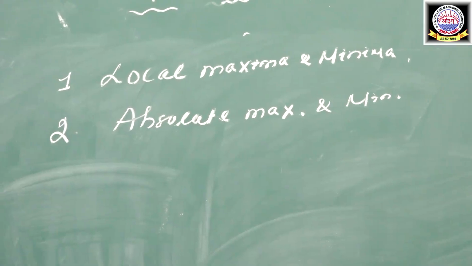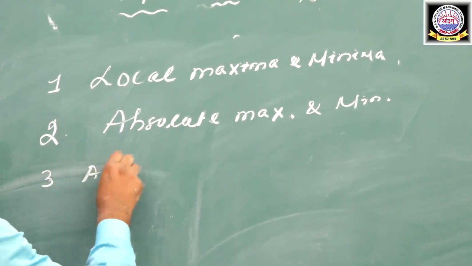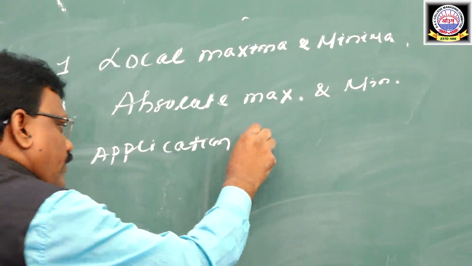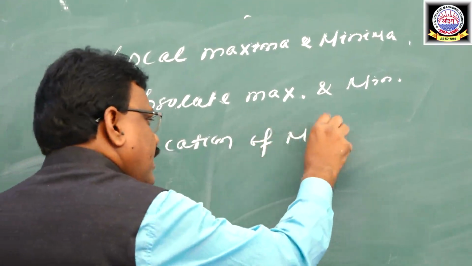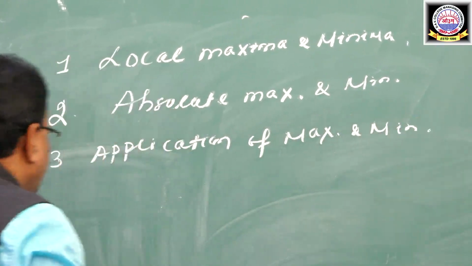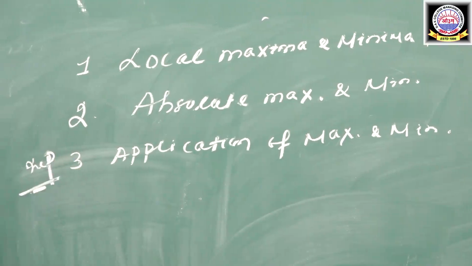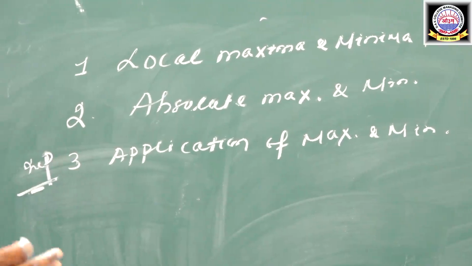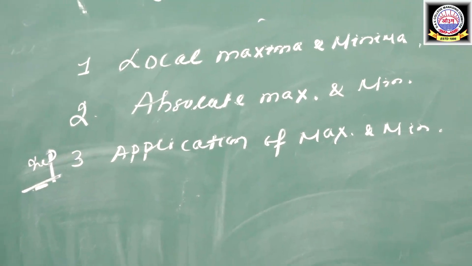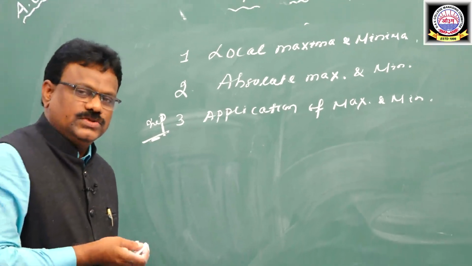And the third one is very, very important, that is application of maxima and minima. This is the very important question, and the maxima minima application will be done in all fields of mathematics: in geometry, in algebra, in calculus, in mensuration.